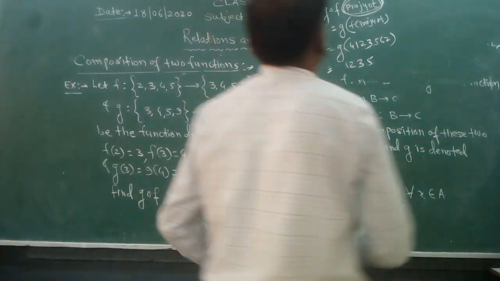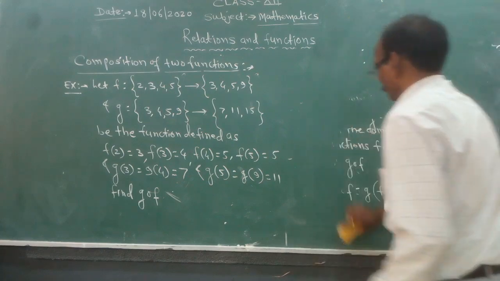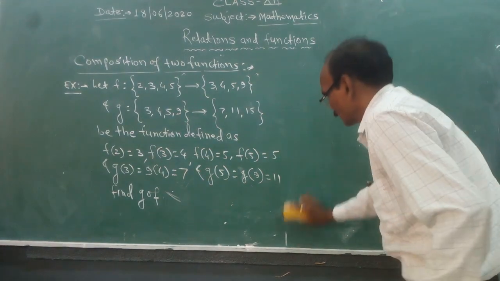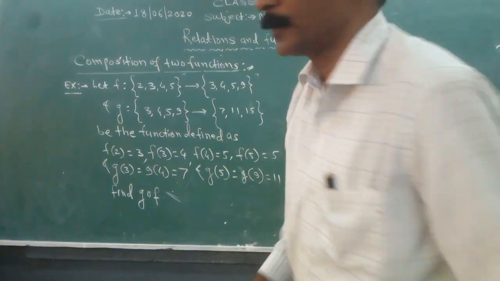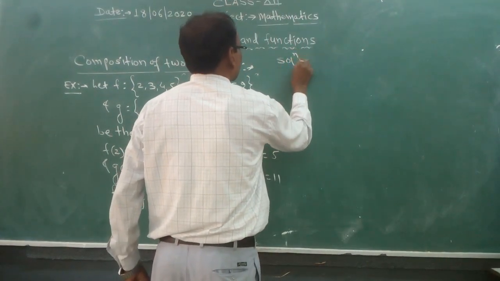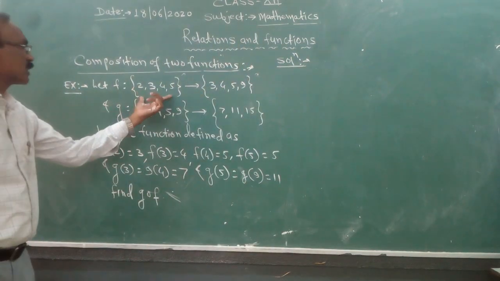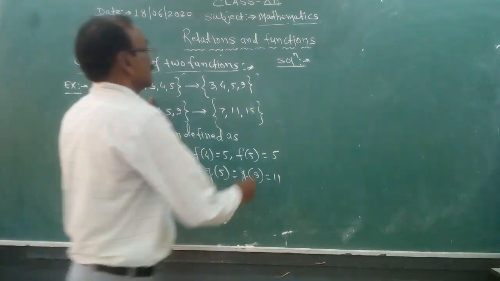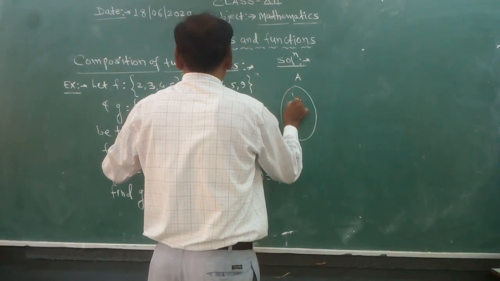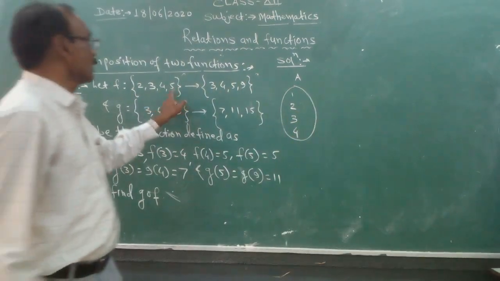g circle f. Okay, so here f is a function from this set to this set. This is your set A, containing the elements 2, 3, 4, 5.